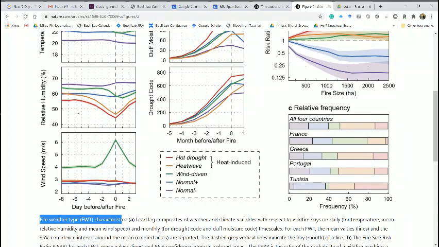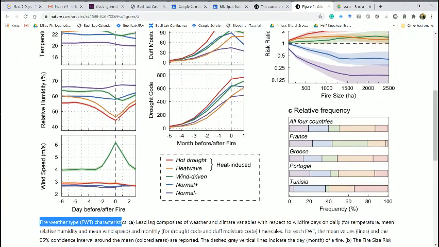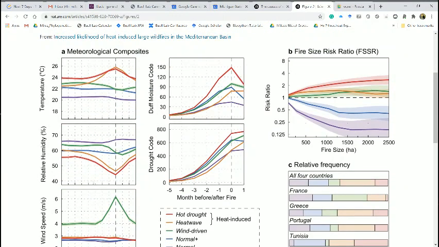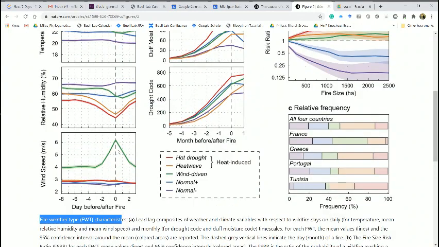Okay, so also wildfires that are caused by heat waves and hot drought occur with sudden declines in relative humidity. Makes sense. More heat, less moisture, then trees will be more likely to catch fire. That makes sense.